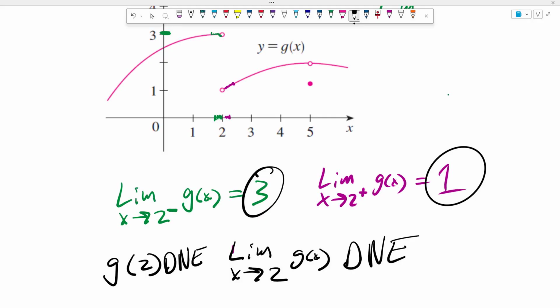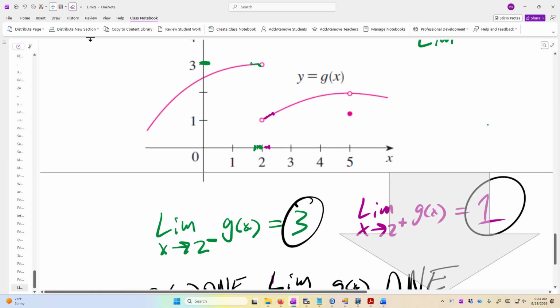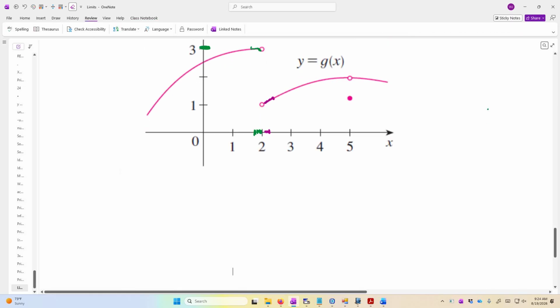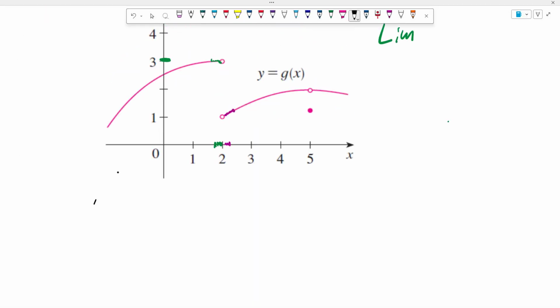Let's look at 5 here. The limit as x approaches 5 from the left.